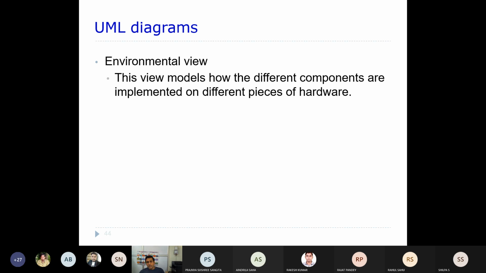And finally, you have an environmental view. This view models how the different components are implemented on different pieces of hardware.